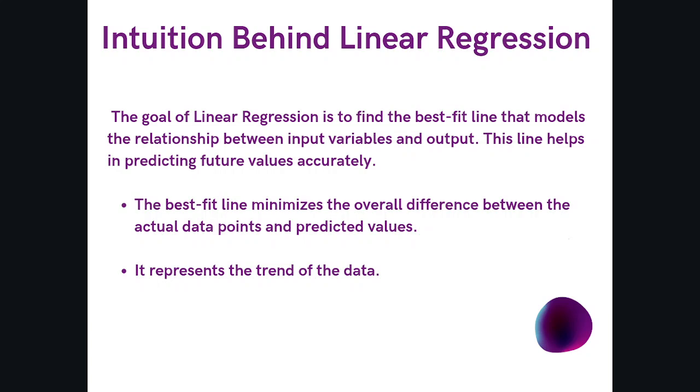So it minimizes the overall difference between the actual value and the predicted value, so that we find the best fit line. And it represents the trend of data. Trend of data means that from past data points we can predict the future ones. We go with the trend, just like going with the flow. That is what linear regression represents: the trend of data.